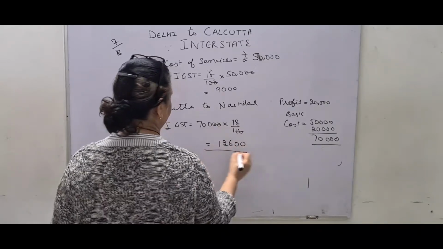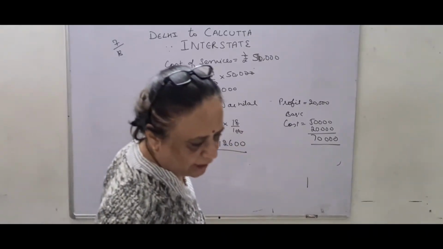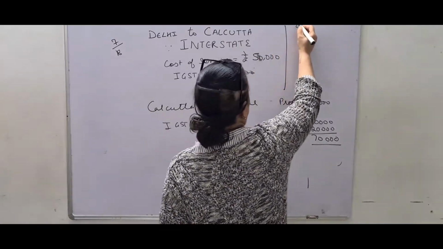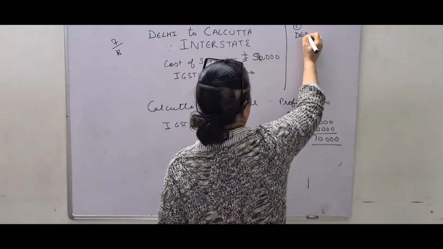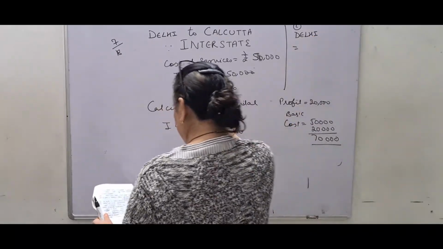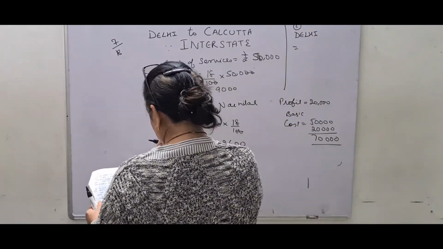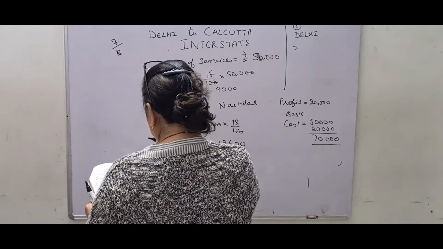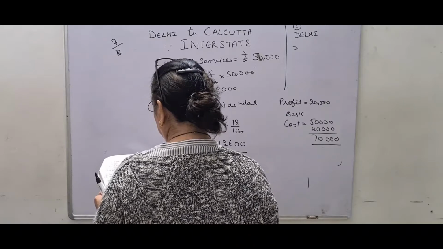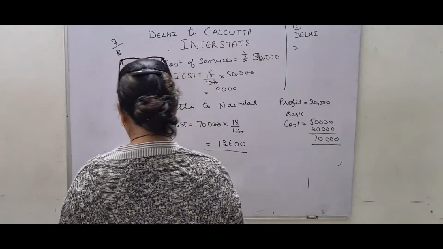The question is, what is the output tax at Delhi? Be careful now, children, how to write it. Output tax at Delhi. Very easy. They have asked you the output tax at Delhi.